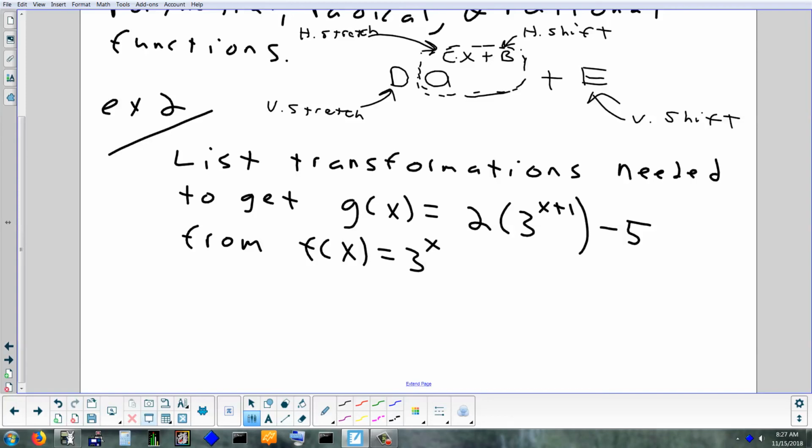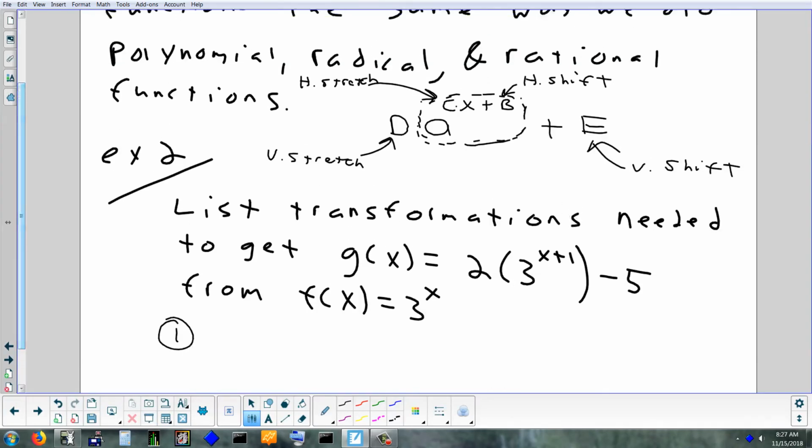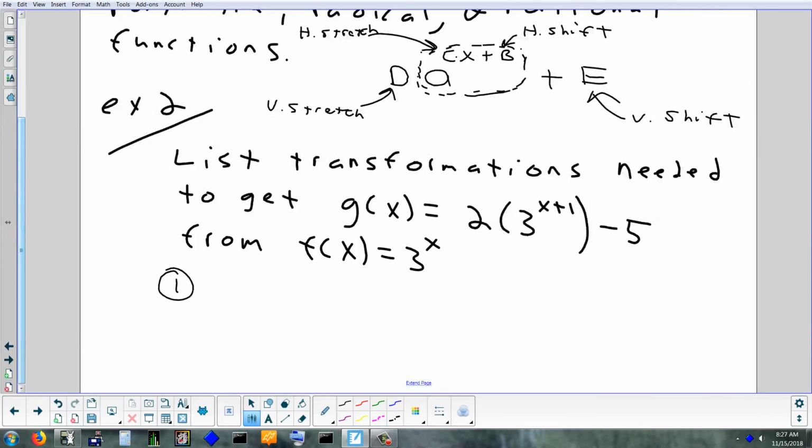How many? Anyone have a thought how many we got to do? Mike? 3. There's a shift, a stretch, and another shift. Now, I tried to use letters that went with the order you look at each arrow. So do B, do C, do D, and then do E, if you have them all. If you don't, skip it.